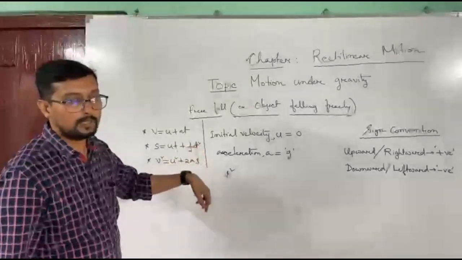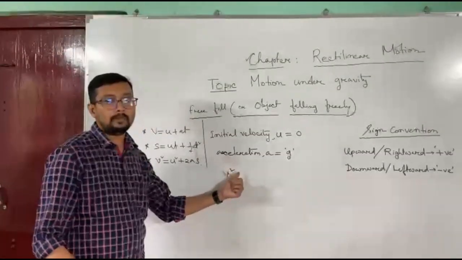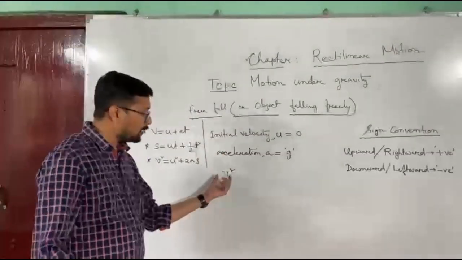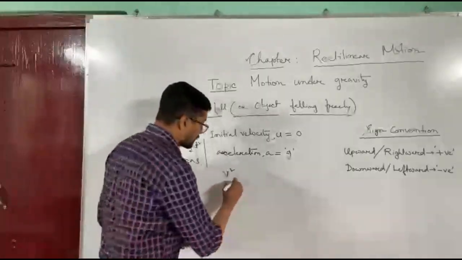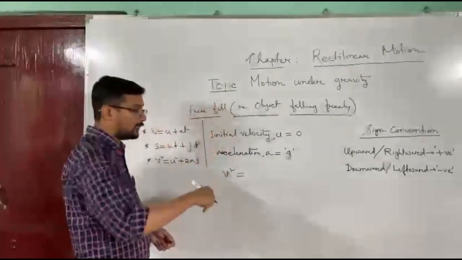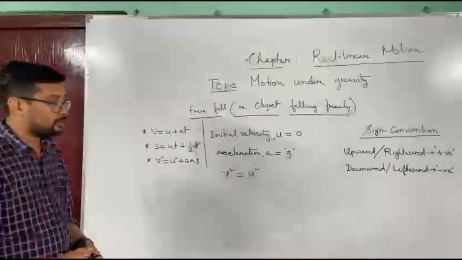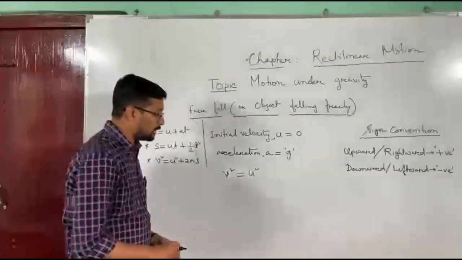Although it is downward, since it is squared, the minus sign will automatically become a positive quantity, so no need to put the negative sign here. Similarly for initial velocity u, it is also in the downward direction, but since it is squared, it will automatically become a positive quantity.